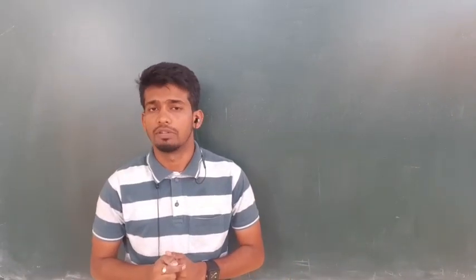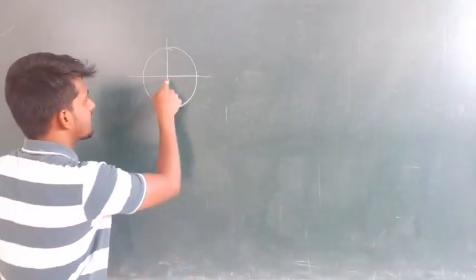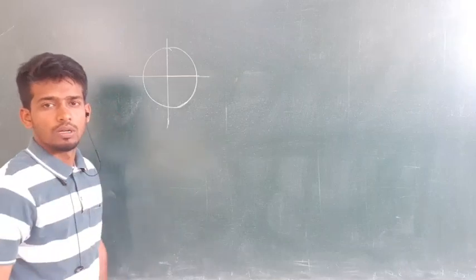Friends, normally you come across the Cartesian plane, that is the xy plane, where you locate points and draw the graph of a given equation. Whenever you plot points, say for example x, y, the coordinates of any point can also be expressed using the trigonometric ratios. How? Let us see here. Consider a circle of radius 1 unit.